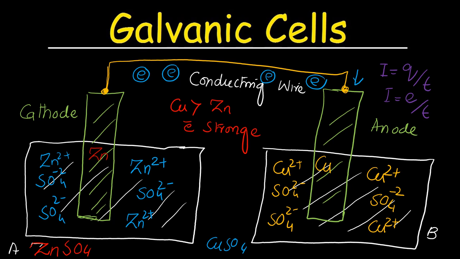Due to the heavier pull, or higher pull, of the copper, the electrons will be channelized through a wire and they will go toward the anode part of the galvanic cell. And due to this, electricity will be produced in the galvanic cell. So this is the overall construction of a galvanic cell.